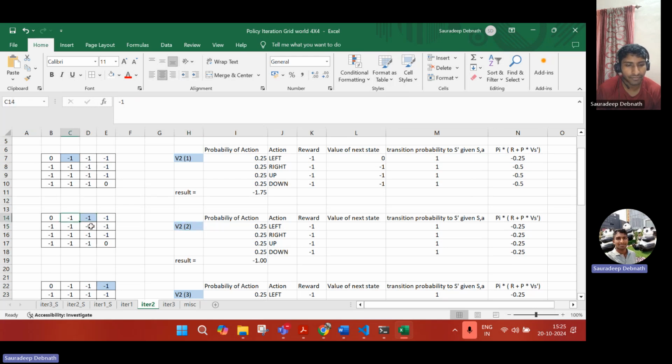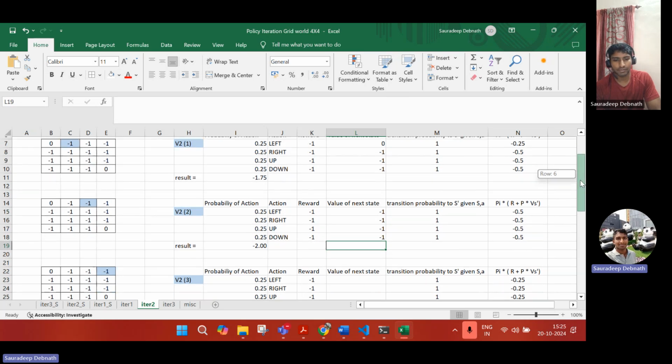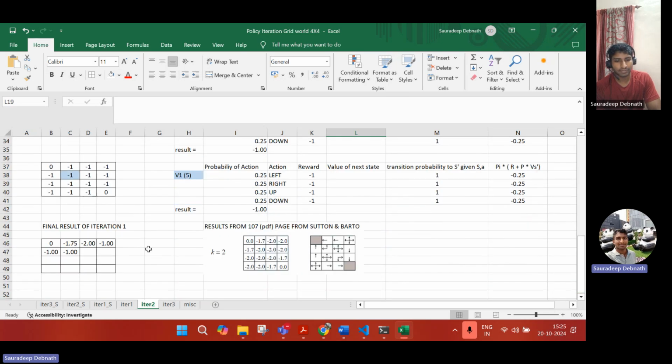If I go left, right, or bottom, I'll get a -1 reward, and the values are -1. If I try to go up, I'll remain in the same cell, and again, the same cell's value is -1. So I'll just input this, right? This is -2. Let's see if that's a match. Yes, it's -2.